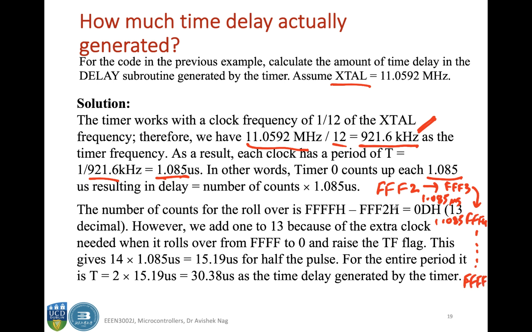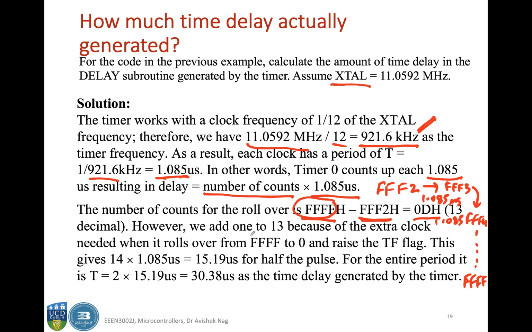So basically the total time it takes is the number of counts times the 1.085 microsecond machine cycle, and the number of counts can be obtained by subtracting the initial number FFF2 from the maximum possible count for this 16-bit timer operation, and that number is 0D in hex or 13 in decimal.